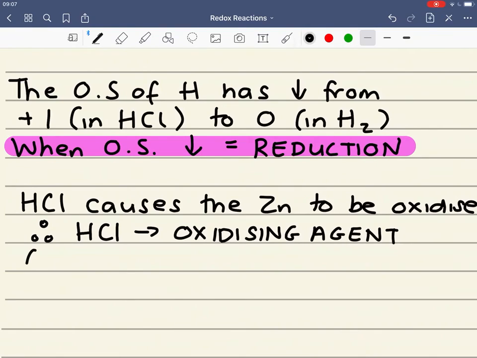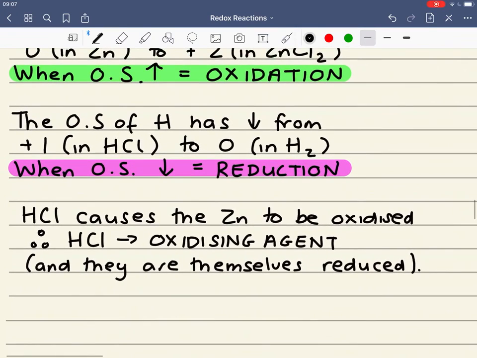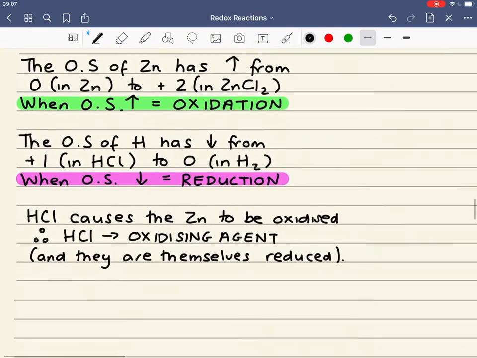Okay, and they're themselves reduced. Or I should really say that an atom within the oxidising agent, one of the atom's oxidation states is always reduced.